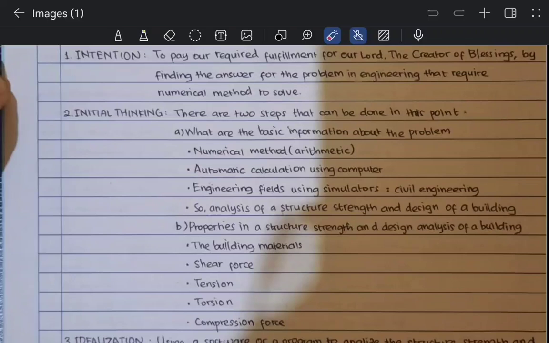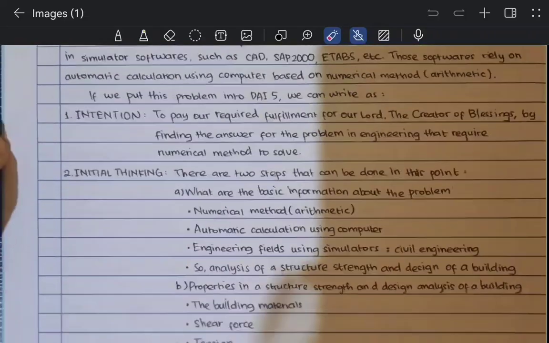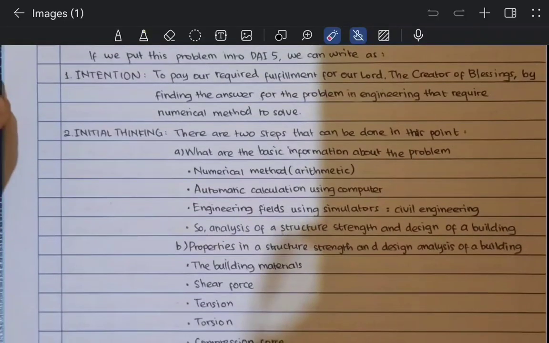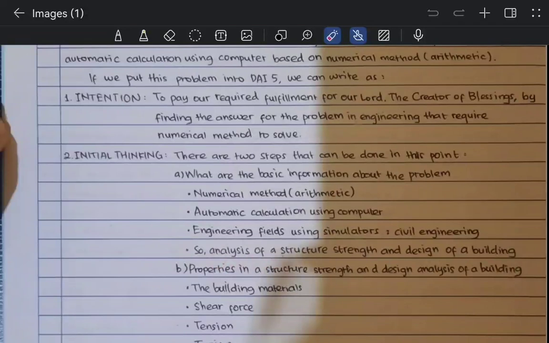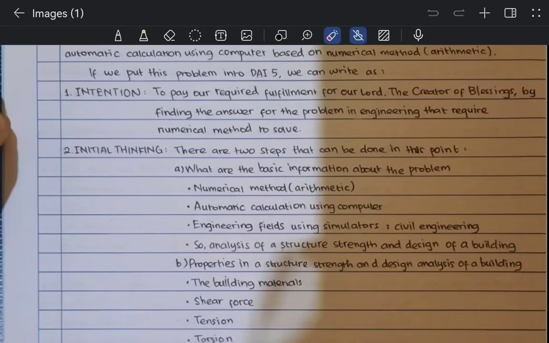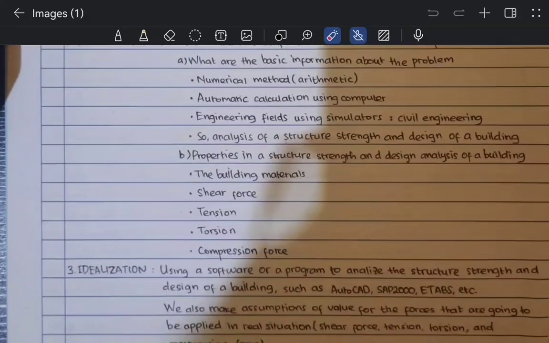And then the point that I will take as the example of engineering problem that use numerical method is to analyze the structure strength and design of a building using a software which is based on numerical method. And then we get into the second part, which is properties in a structure strength and design analysis of a building.